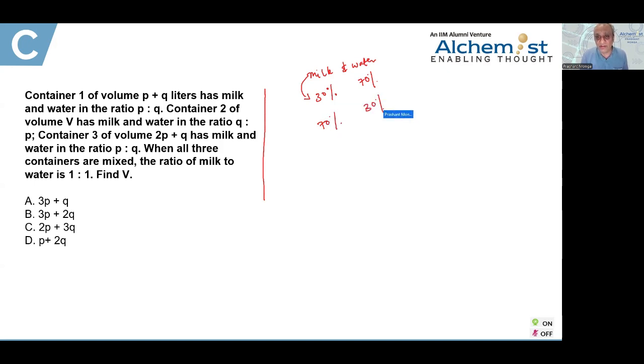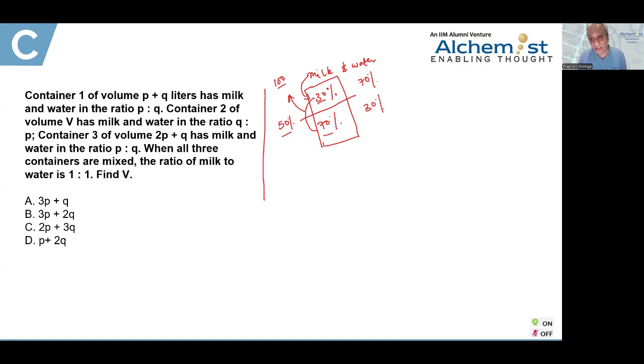Now just concentrate on milk's concentration. What do you observe here? If I take 30% milk and 70% milk and mix them in equal quantities, I should get 50% milk, because that is the arithmetic mean of 30 and 70. Don't you observe that these two actually add up to 100? And this is something that you will always see.